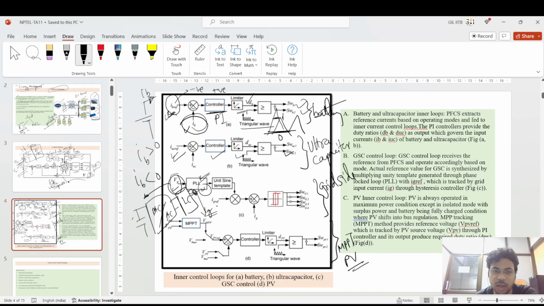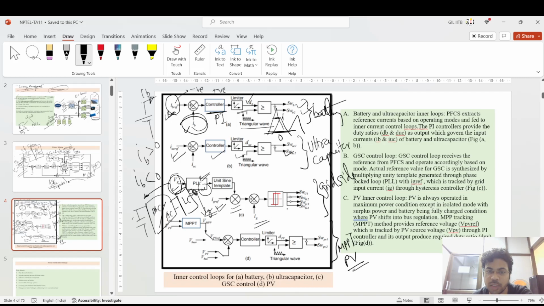Then it is compared with the IG reference, because the main thing is you have to generate current. If it is a grid connected system, the voltage reference will be the same as the grid voltage, but the current has to be changed based upon how the generation in the PV is and how the bus bar voltage is being maintained. Based upon that, this IG reference should be changed.